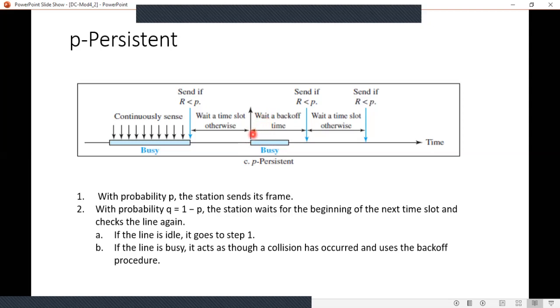Otherwise, it will go to step 1, that is it will transmit the frame.